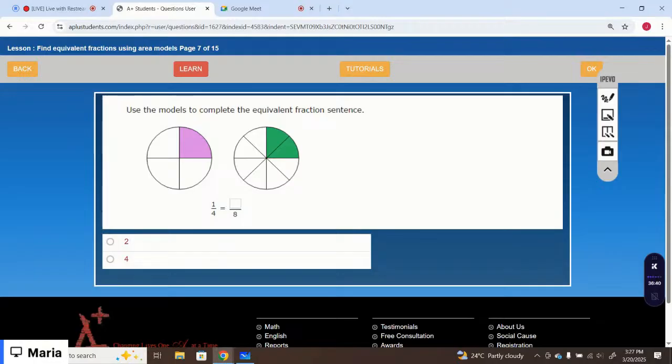Use the models to complete the equivalent fraction sentence. So which is the correct option? Number 4 equals.